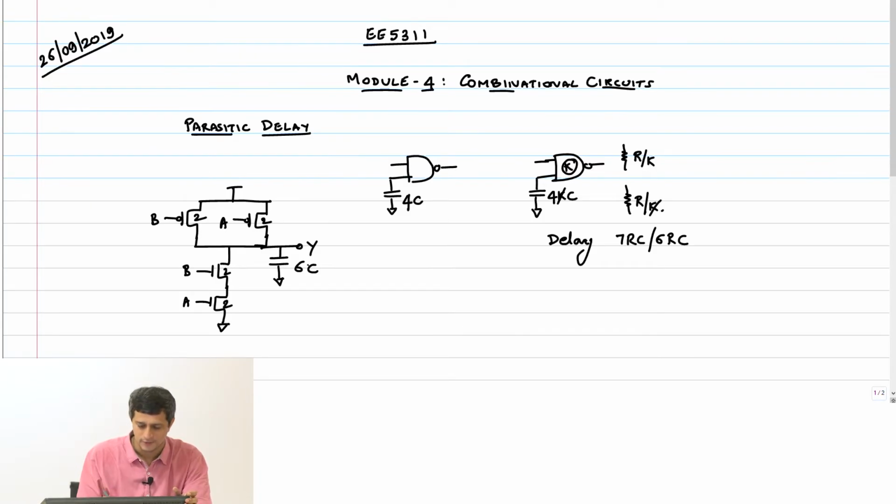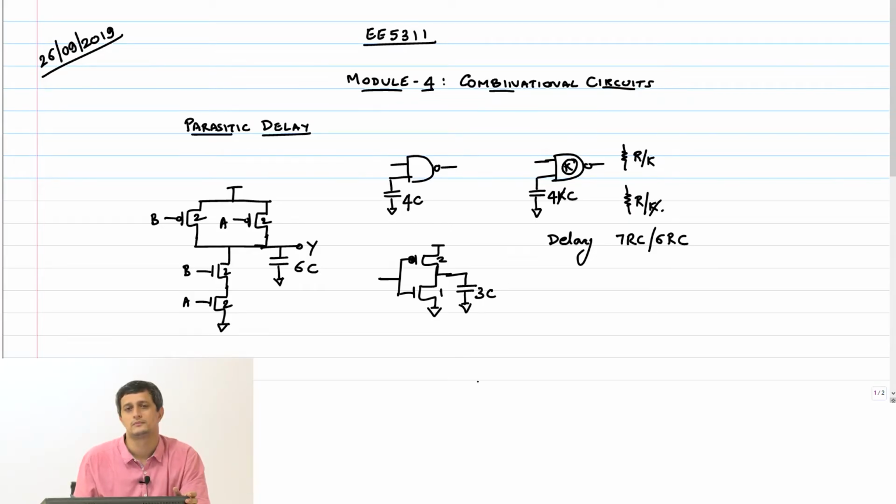You just divide it by the capacitance of a unit reference inverter, which is 1, 2, and this is 3C. So the parasitic delay P will simply be 6C by 3C.